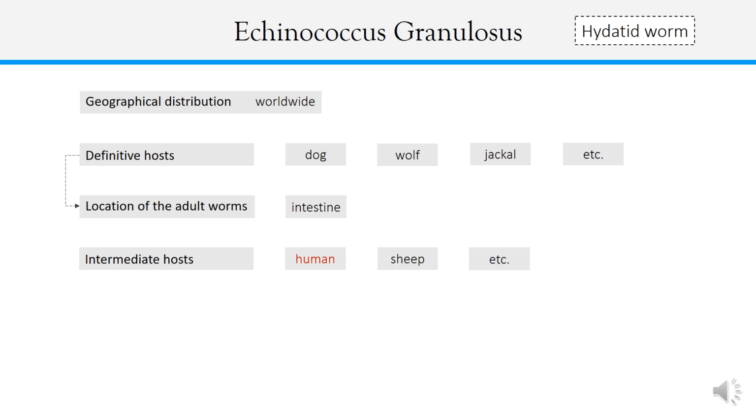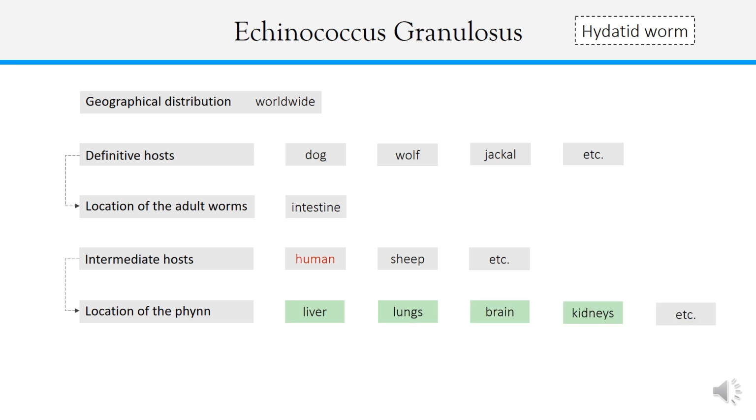What does this mean? This means that inside of the human body, pathology may be associated not with the adult form of this parasite, but with the fin, with its intermediate form. And this fin could be located in the liver, in the lungs, in the brain, kidneys, and other organs.